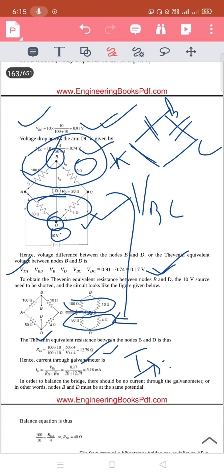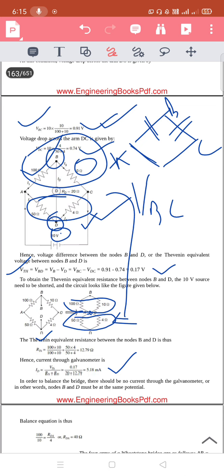Put 0.17 volt divided by RD, the internal resistance of the galvanometer, that is 20 ohm, plus 12.79, then we will get 5.18 ampere.